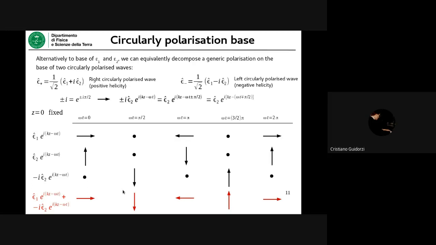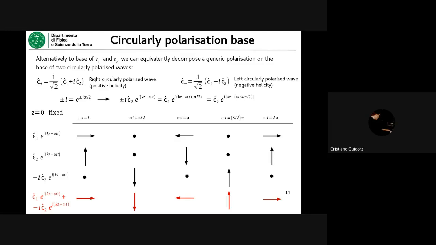Now, if you imagine pointing your thumb towards the direction of propagation, in order to have the fingers showing the way the electric field vector rotates, you cannot use both hands. There's only one hand which works.